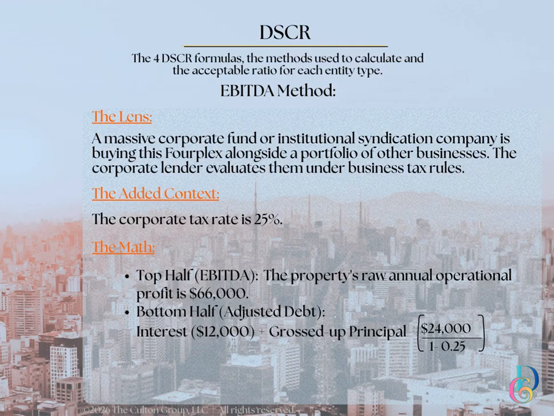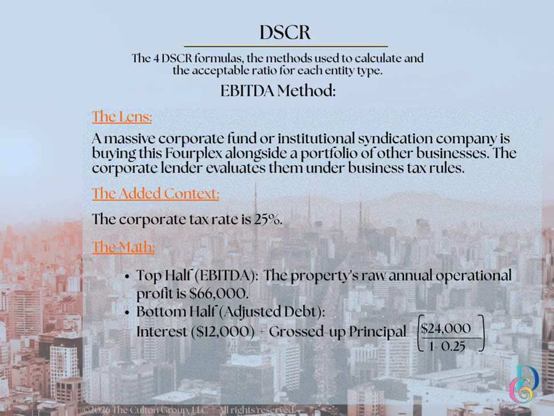The interest is 12,000 plus the grossed up principal. And this is where the other fraction comes in. 24,000 divided by 1 minus 0.25. That's that 25%. You take that 0.25, multiply it by 100. That's when you get your percentage.